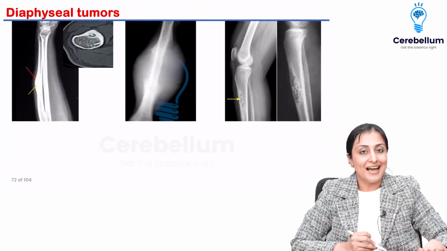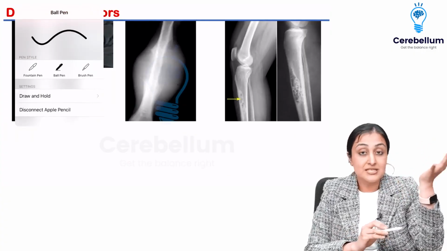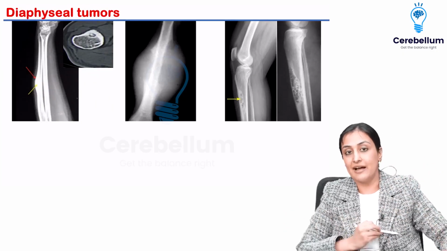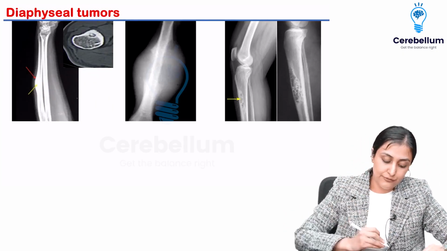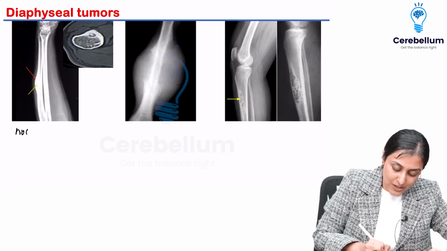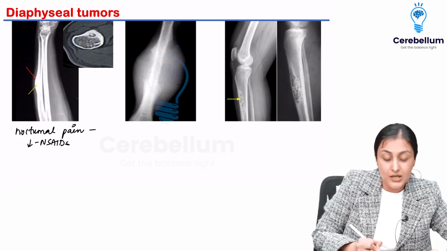Moving on to diaphyseal tumor. You know how in BTR you would have studied vowels stick together. That's what I keep saying. All 3 vowels are diaphyseal tumors. So the first one is where they'll give you the history that there's a patient who has nocturnal pain that is relieved on taking NSAIDs. Why so?